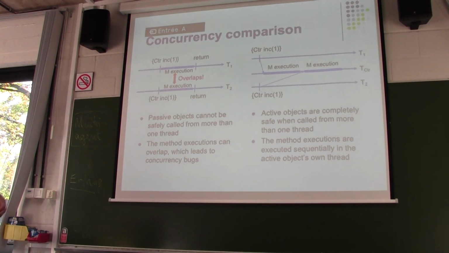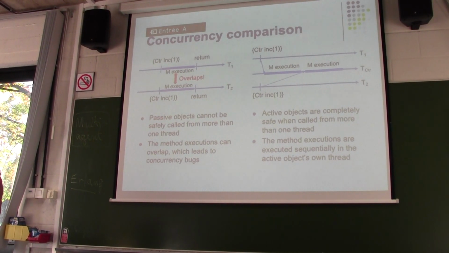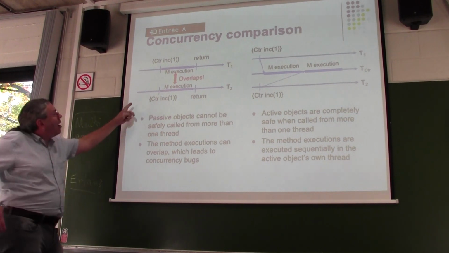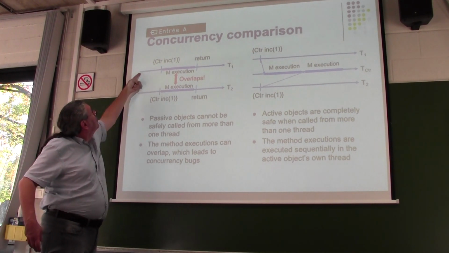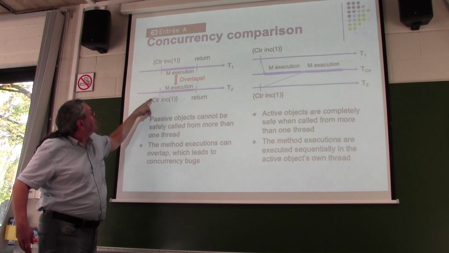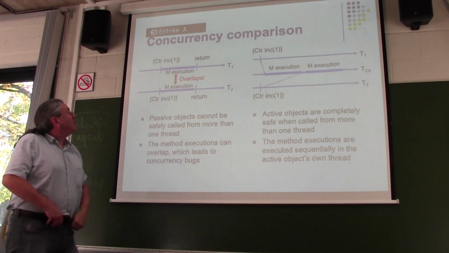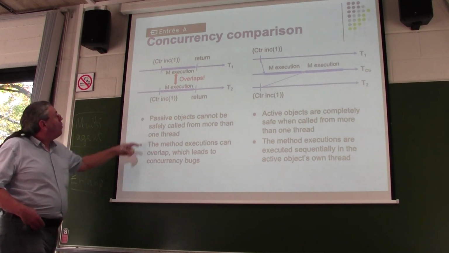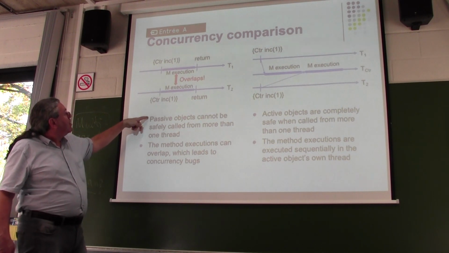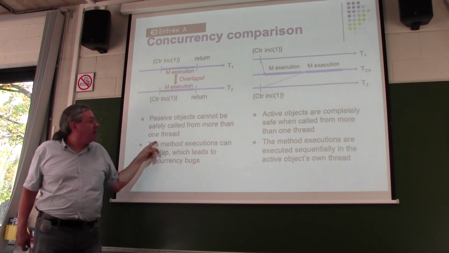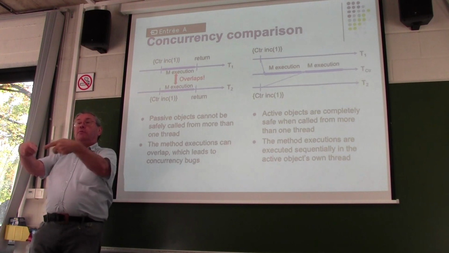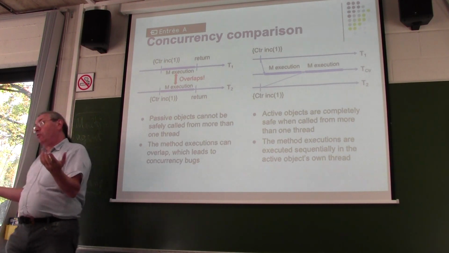And here's how you can compare them. So here are two threads running a passive object. This counter is a passive object, okay? Now, when I call the passive object, you cannot call it safely from more than one thread. In Java, you learn that.